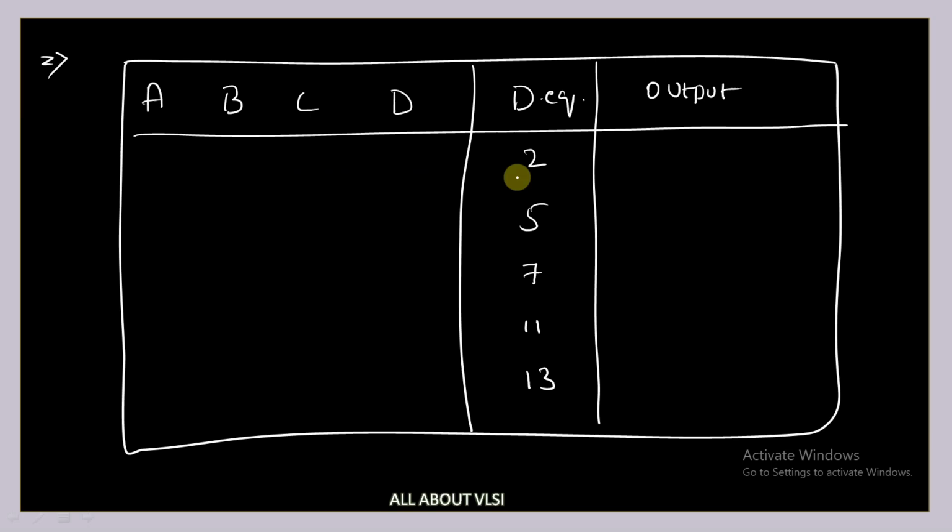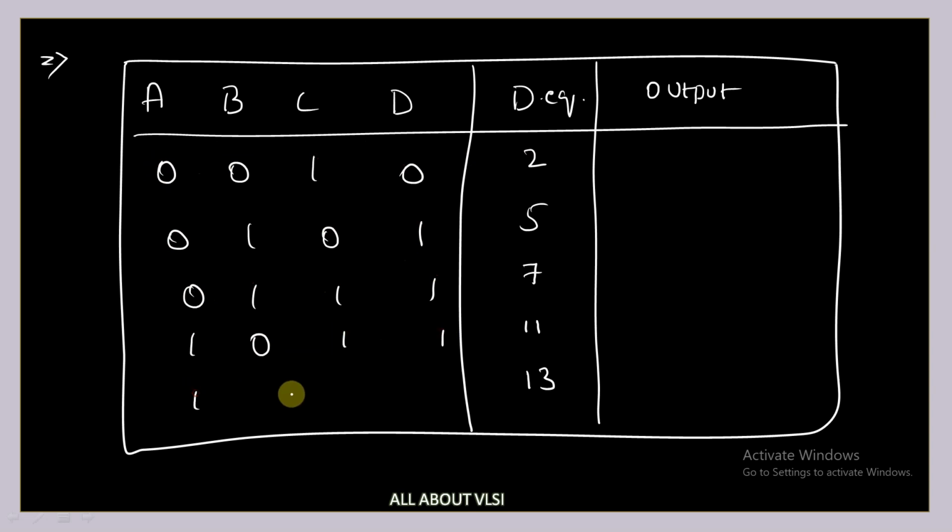Yes, exactly. And we are going to write down the binary equivalent of them: 0, 0, 1, 0, 0, 1, 0, 1, 0, 1, 1, 1, 1, 1, 0, 1.